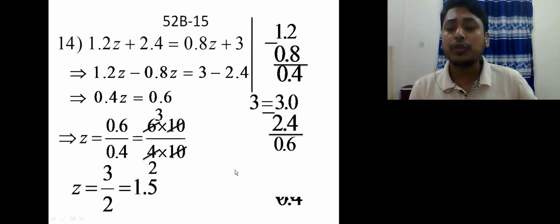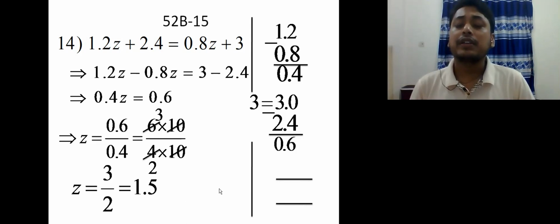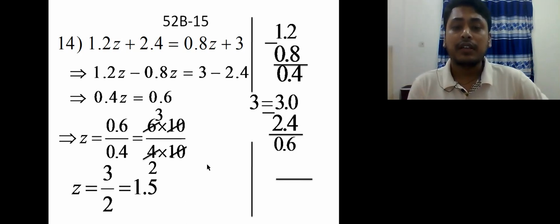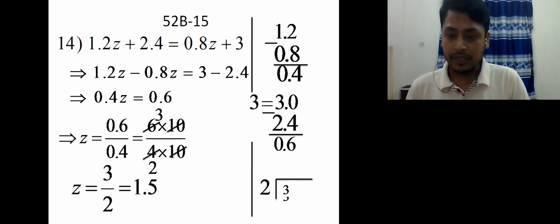Now I'm going to show you how to write the number in decimal form. Just look very nicely: we divide 3 by 2. 2 ones are 2, 1 will be our remainder, but we don't write a mixed number, so we take a decimal point in the quotient.